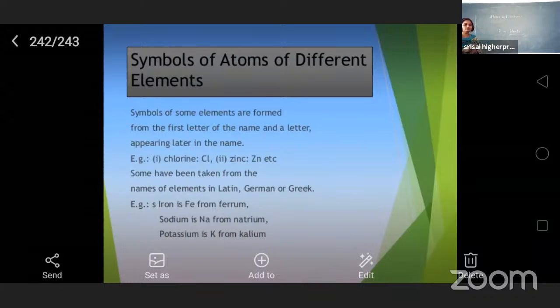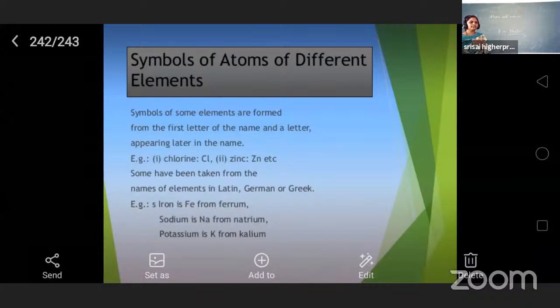And potassium? Kalium is the name. Potassium is K. So we say that the atomic symbol of potassium is K, but this name is taken from Latin or German or Greek. The name is Kalium.